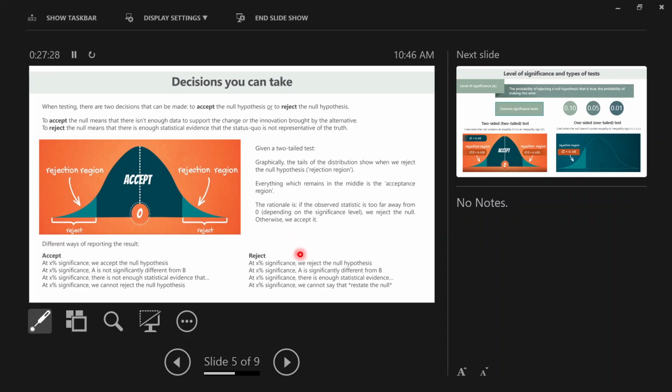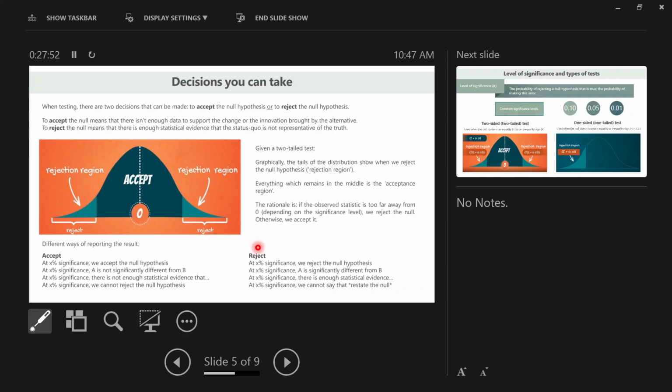The rationale: if the observed statistic is too far away from 0, depending on the significance level, we reject the null, otherwise we accept it. Basically, I have explained also the same concept whereby we say that if you get a 0.00, it means that your null is working better.